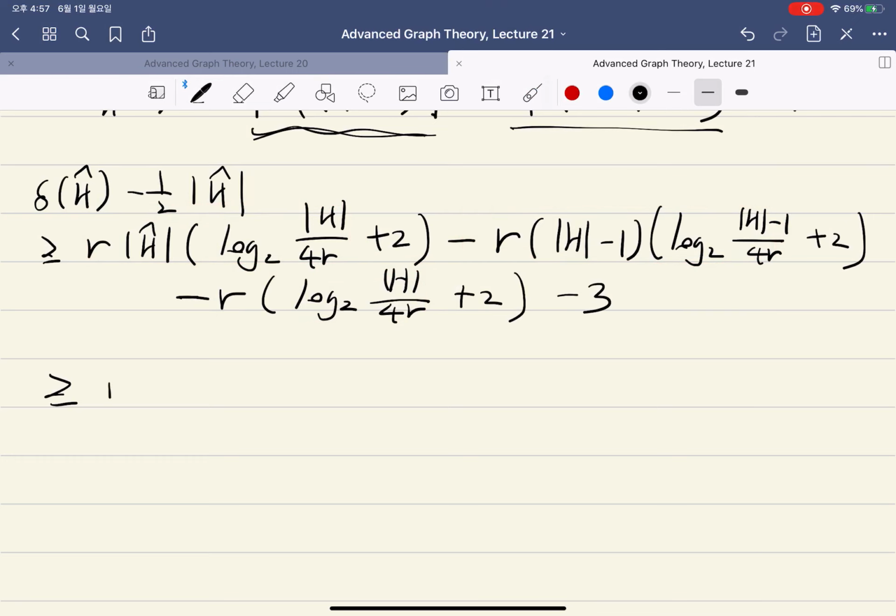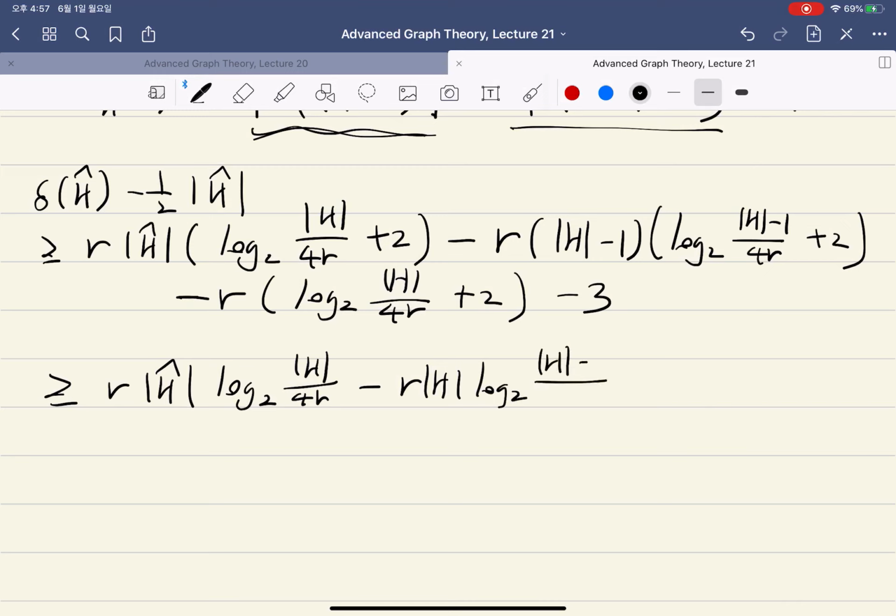So if you rewrite it, this is the same as log 2 4r h minus r h log 2 h minus 1 4r plus log 2, let's say rh h over h minus 1.